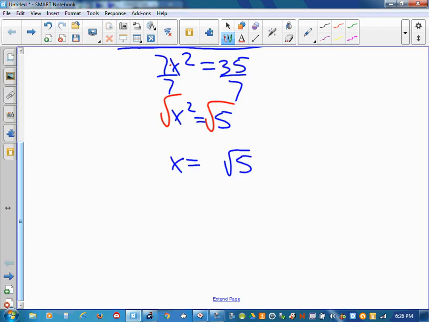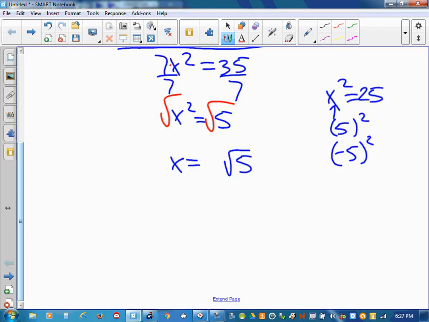But what we need to account for here is that we need two solutions. There's two numbers that make this true. Let's go off to the side here for a second. If we have x squared is equal to 25, there's two answers that make that true. 5 can be squared to make 25, or negative 5 can be squared to make 25.